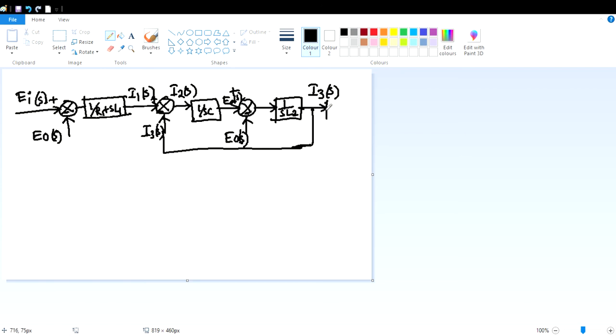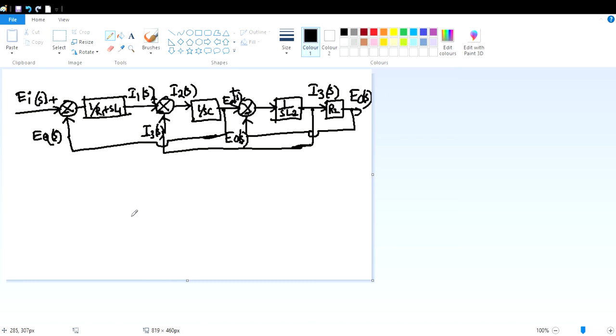After I3, if I multiply it with R2, I get E0(s), the output voltage. E0 is also taken in the feedback path, so it comes to this comparator. So this is the overall block diagram of that particular circuit.